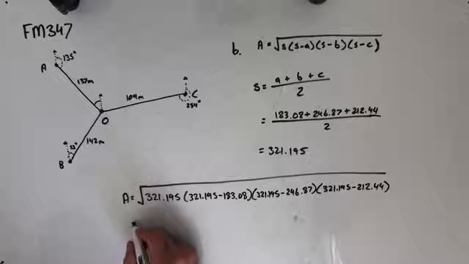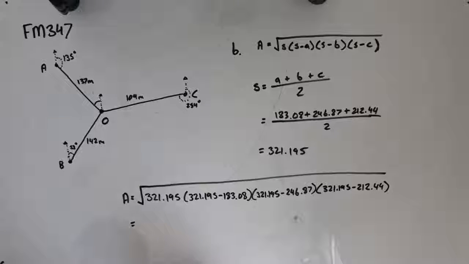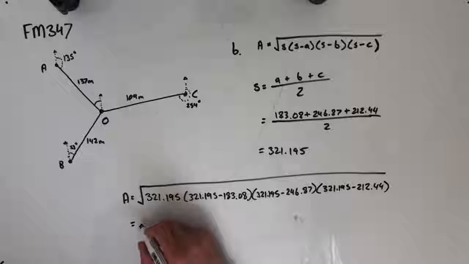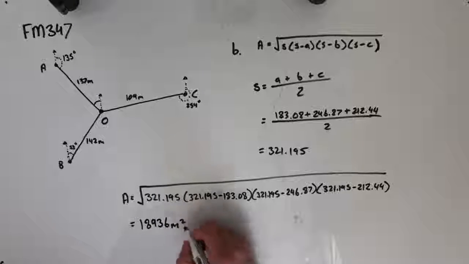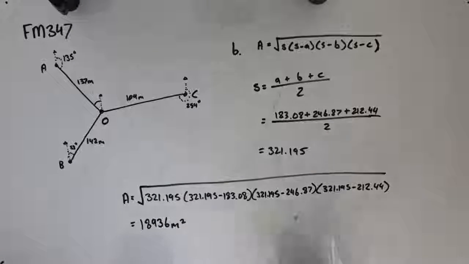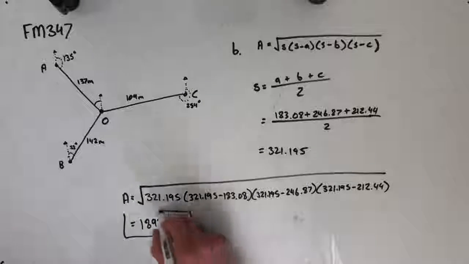Plugging all of that into a calculator should land you with an answer of 18,936 meters squared when rounded to the nearest square meter.